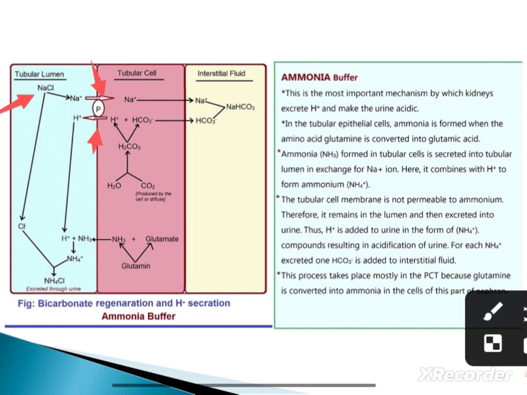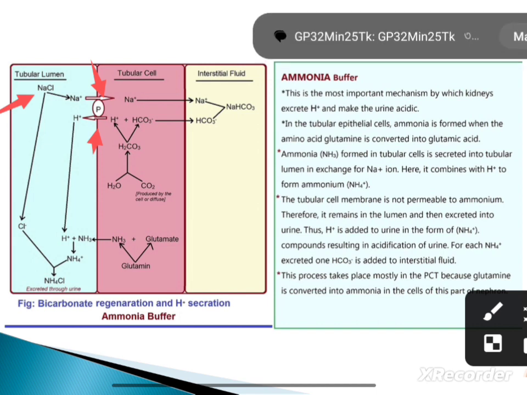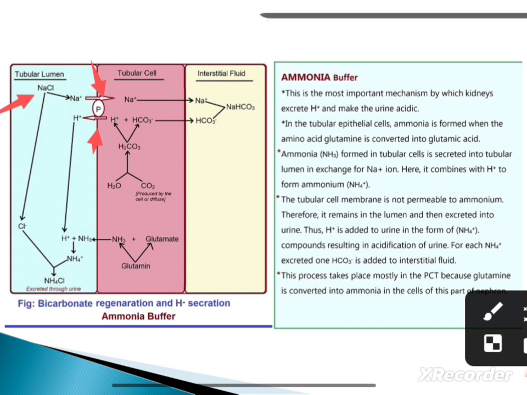Now a peculiar thing happens. In the extreme acidic condition in the kidney, glutamine breaks down into glutamate plus ammonia.